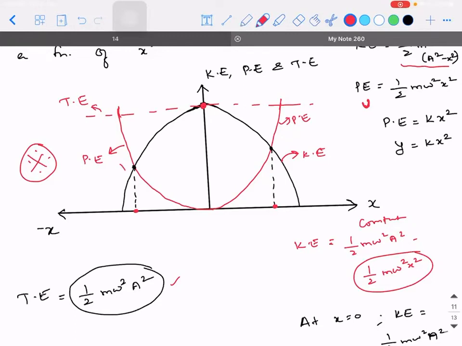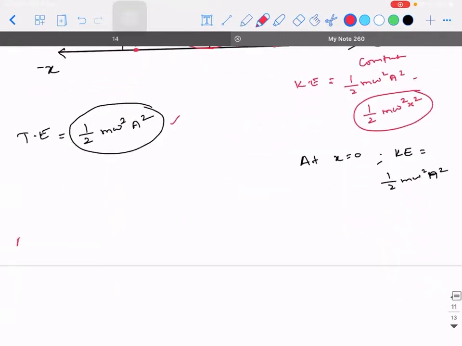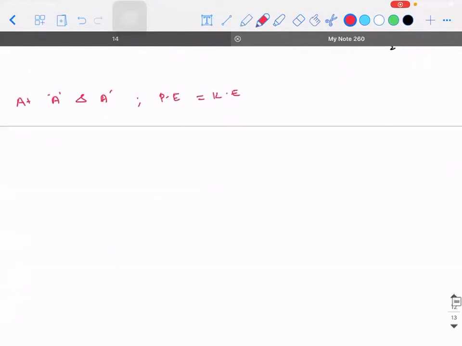So if I take this point as A and this point as A dash, can I say at A and A dash, potential energy is equal to kinetic energy? Then half m omega square x square will be equal to kinetic energy, half m omega square a square minus half m omega square x square.